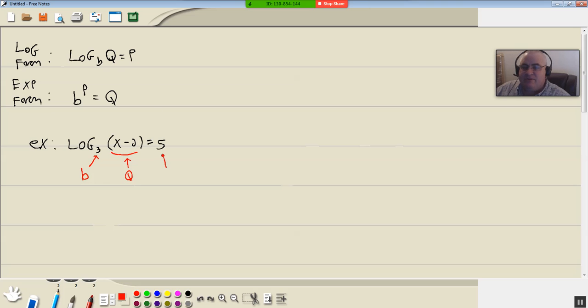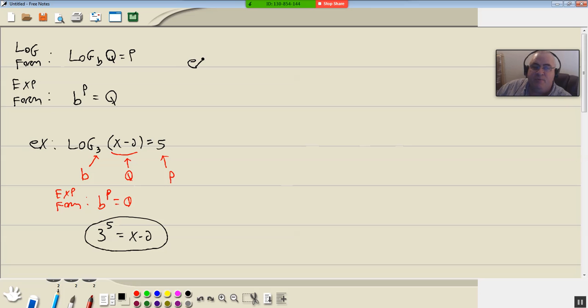And then the other side of the equals is our p. So the 5 is our p. And our exponential form is b to the p is equal to q. So we just plug in what we identified. b was 3, p is 5, and q is x minus 2. And that would be our answer.